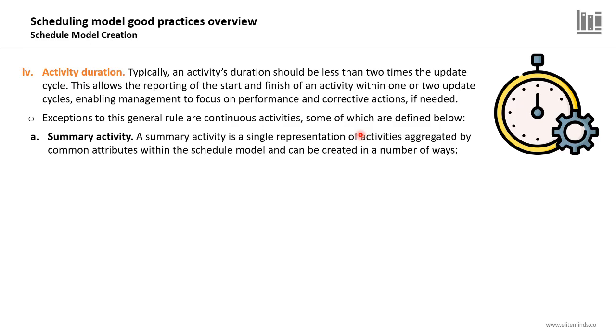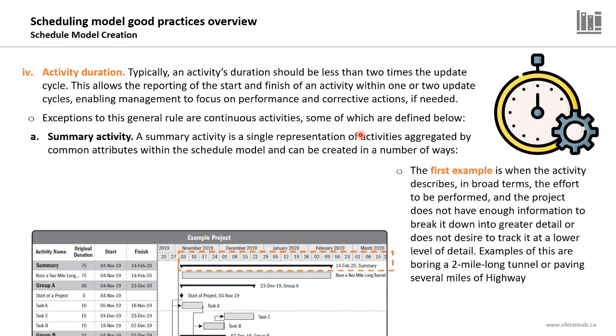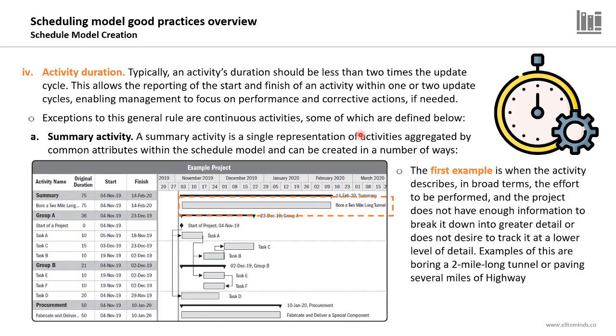If you are working in the project management industry or if you worked as a scheduler earlier, you should be aware of what a summary activity is in the Gantt chart or in the project plan. Now, the first example of a summary activity is when the activity describes in broad terms the effort to be performed and the project does not have enough information to break it down into greater detail or does not desire to track it at a lower level of detail.